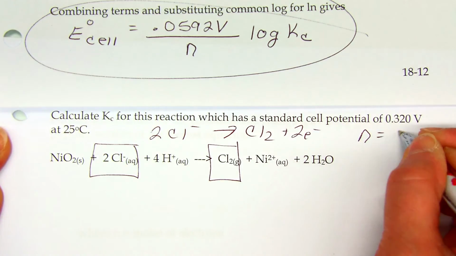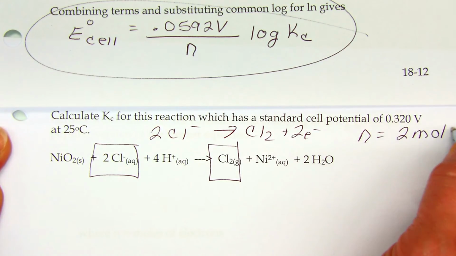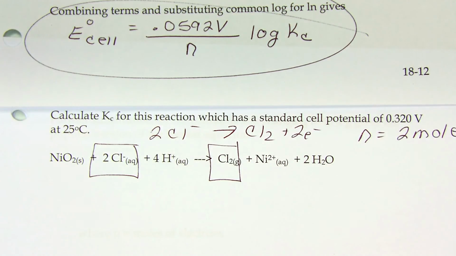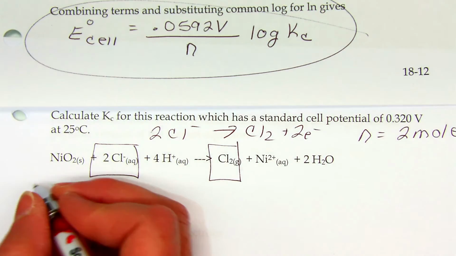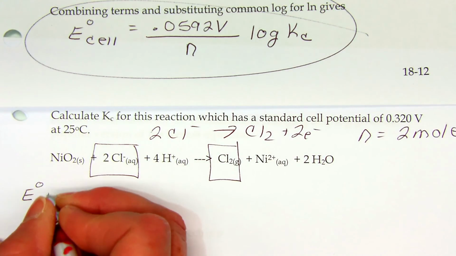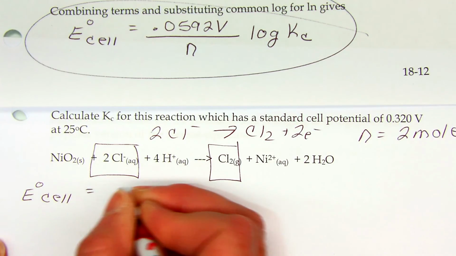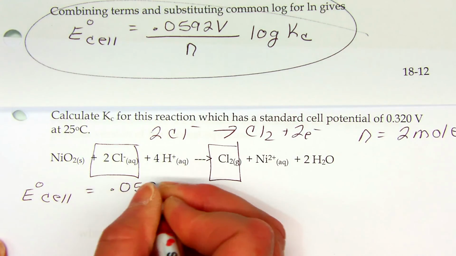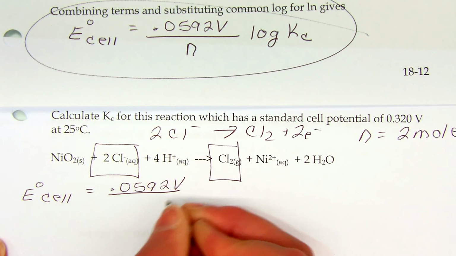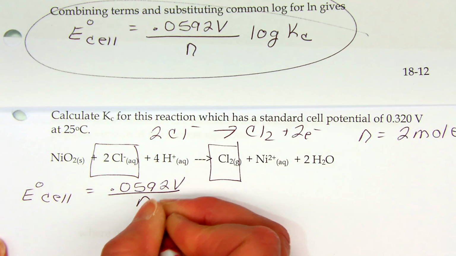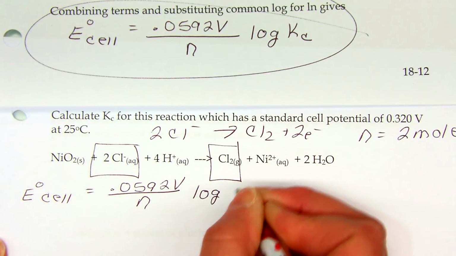So N is equal to 2 moles of electrons. We have to identify the moles of electrons from the balanced equation. So I know that E0 for my cell is equal to 0.0592 volts divided by N times the log of K sub C.